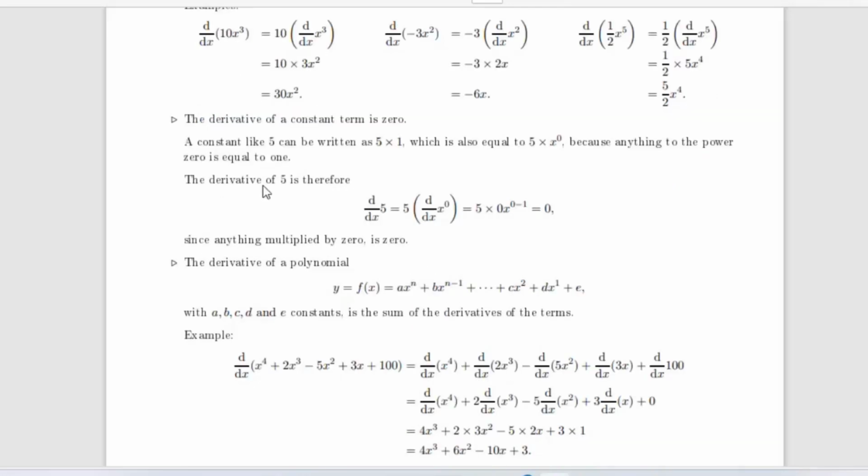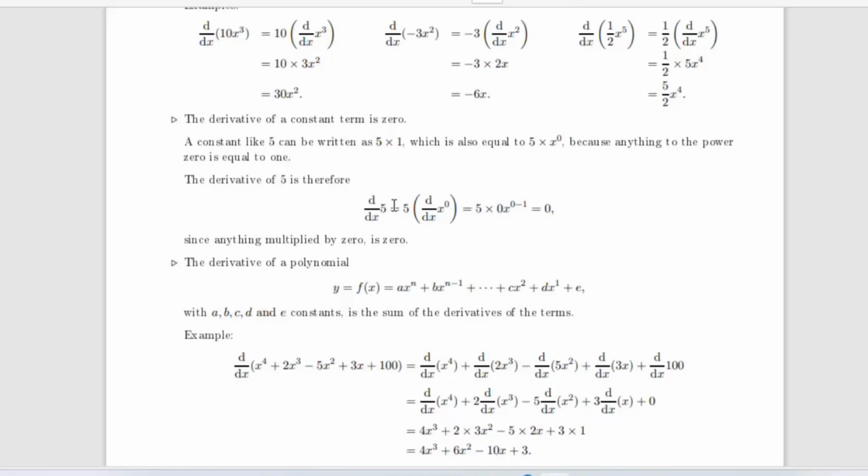Now, the derivative of 5 is therefore 5 x to the power 0. Let's look at it the way they are looking at it. Take 5. d/dx means differentiate 5 with respect to x.